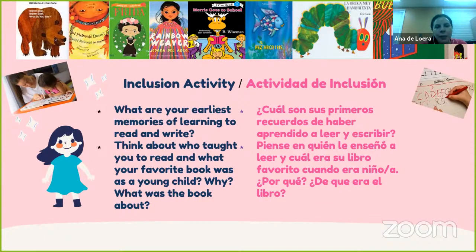We are going to begin with our inclusion activity. Please place your answers in the chat. What are your earliest memories of learning to read and write?